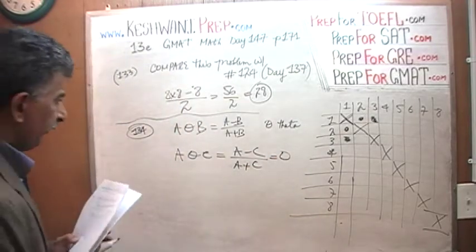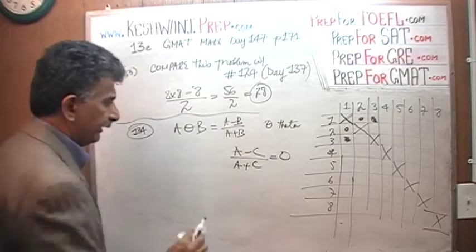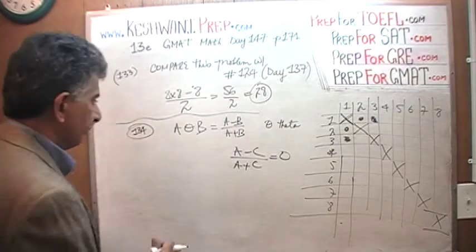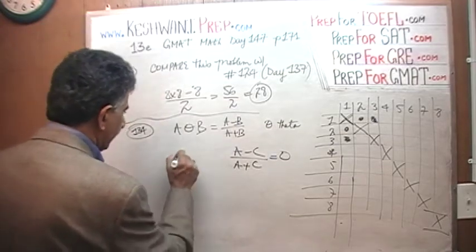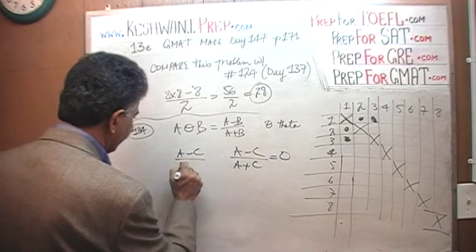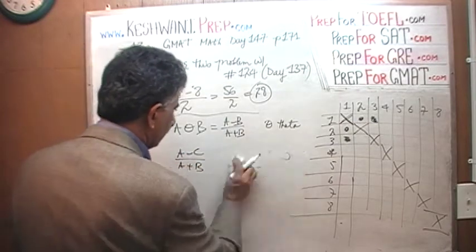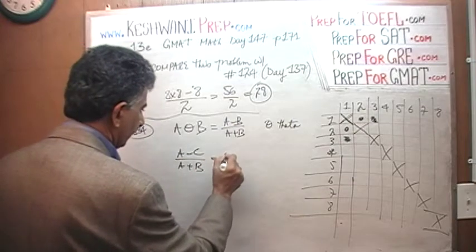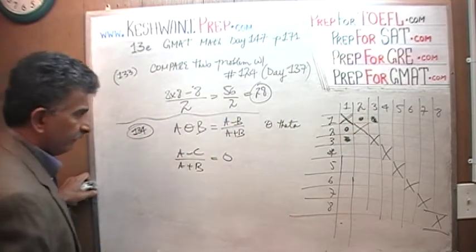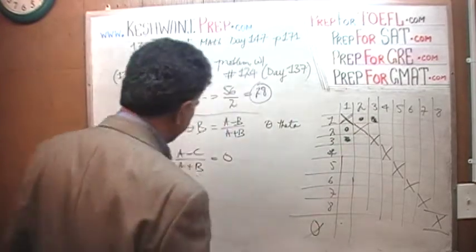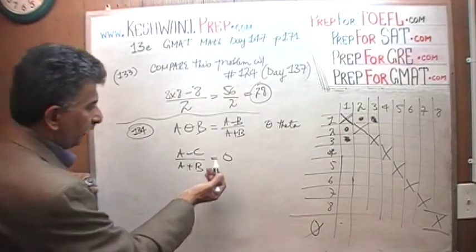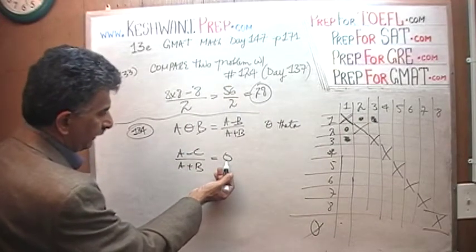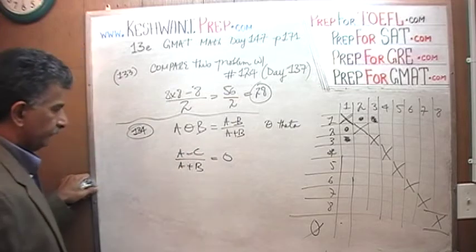If that has to equal 0, let's multiply both sides by A plus C. So here we have A minus C over A plus C equals 0. When I write a 0, I usually put a line through it, but I'm not going to do it here, otherwise it will be confused with the theta.